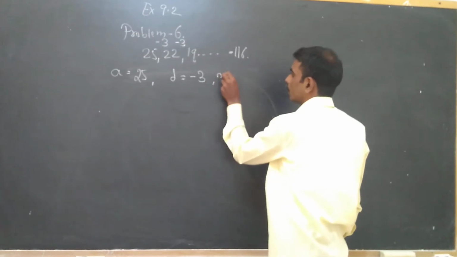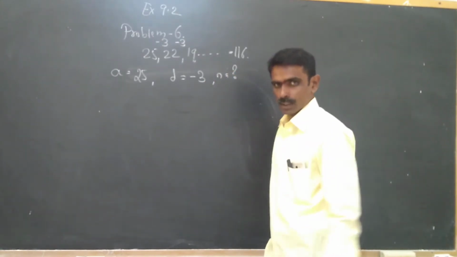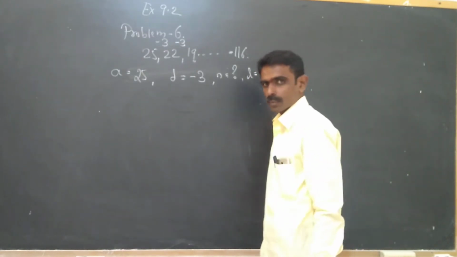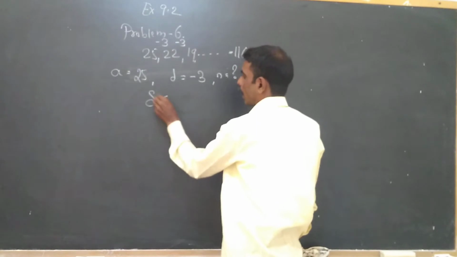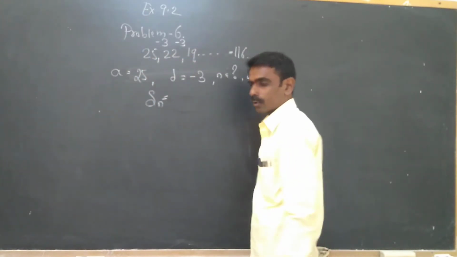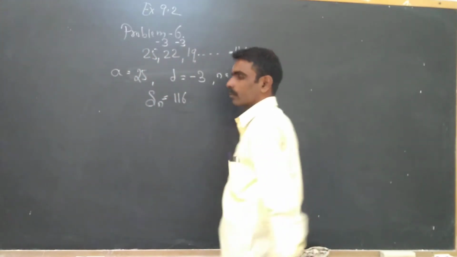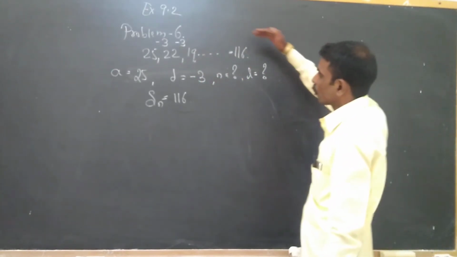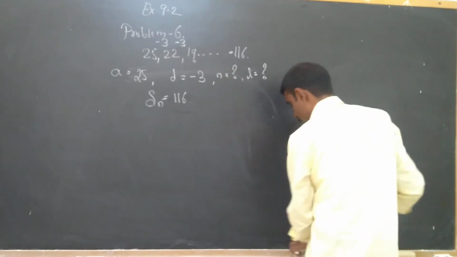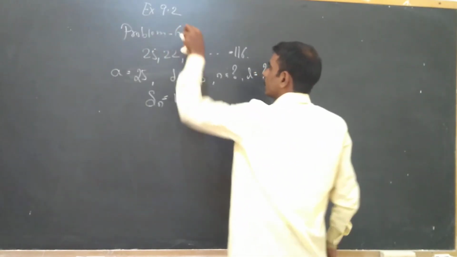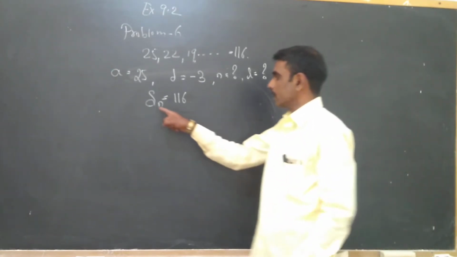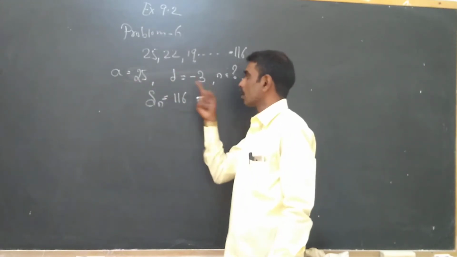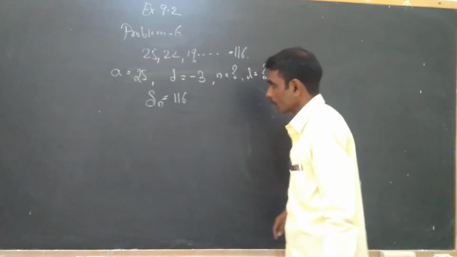Now we need to find what is n first, and also they have asked what is the last term. They have given that when you add this arithmetic progression, the result is 116. So from the given data, Sn is 116, the first term is 25, the common difference is minus 3.